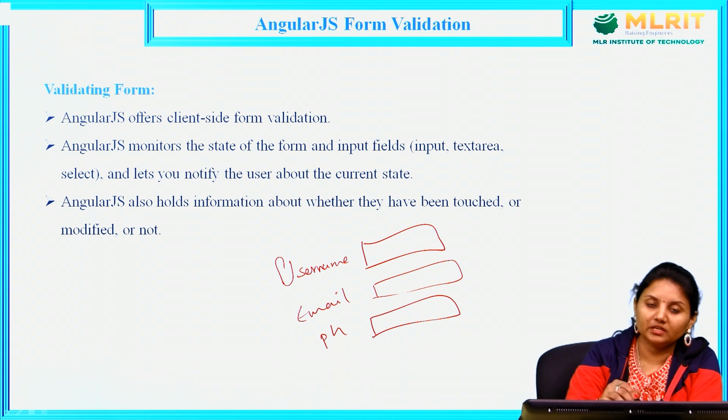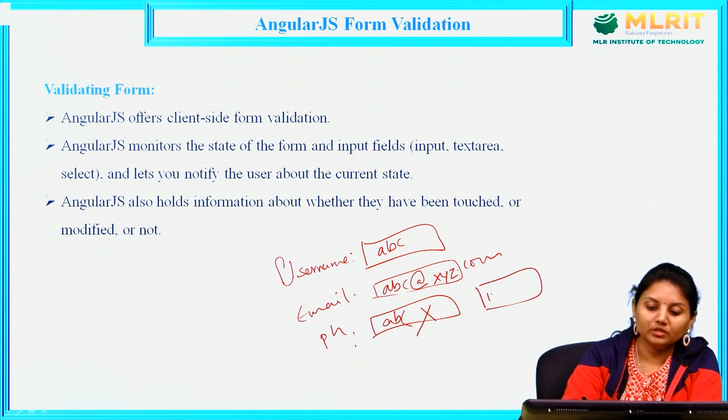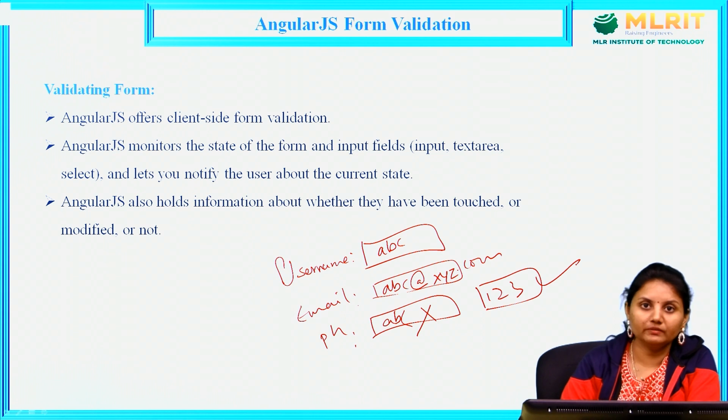One more I am taking for phone number. So, these are the three fields that I have. Here I can give some text. Here also I can give some text, @ should be there followed by xyz.com. And for the phone number I can't give ABC, this is not valid. Here 1, 2, 3 should be given, so that it will become valid.